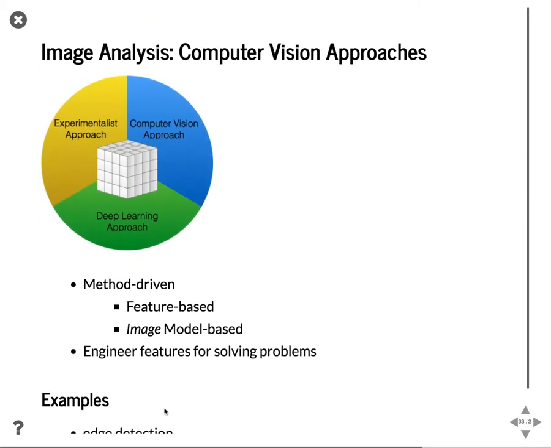The computer vision approach is then much more method driven. How can you come up with features of your image that extract what you're interested in looking for? This is about having an image model rather than a reality model. There you try to engineer features for solving specific problems rather than focusing on the whole experimental setup.